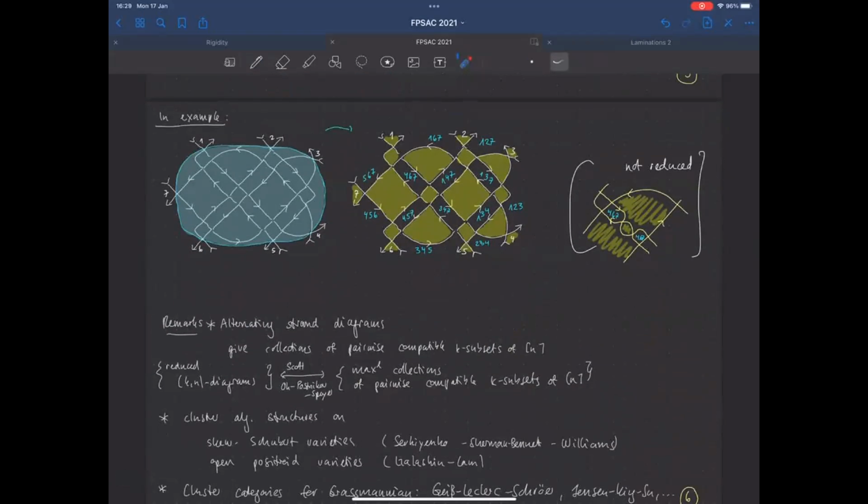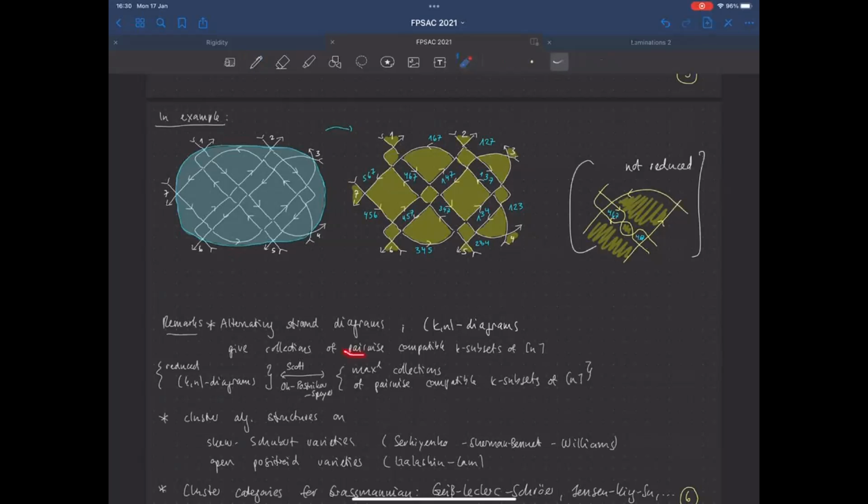So alternating strand diagrams, and now I'm going to restrict to (k,n) diagrams. But in general, they give collections of pairwise compatible k-subsets of n. And if you remember, for k equals 2, we looked at triangulations, and the triangulation is a collection of pairwise compatible diagonals.